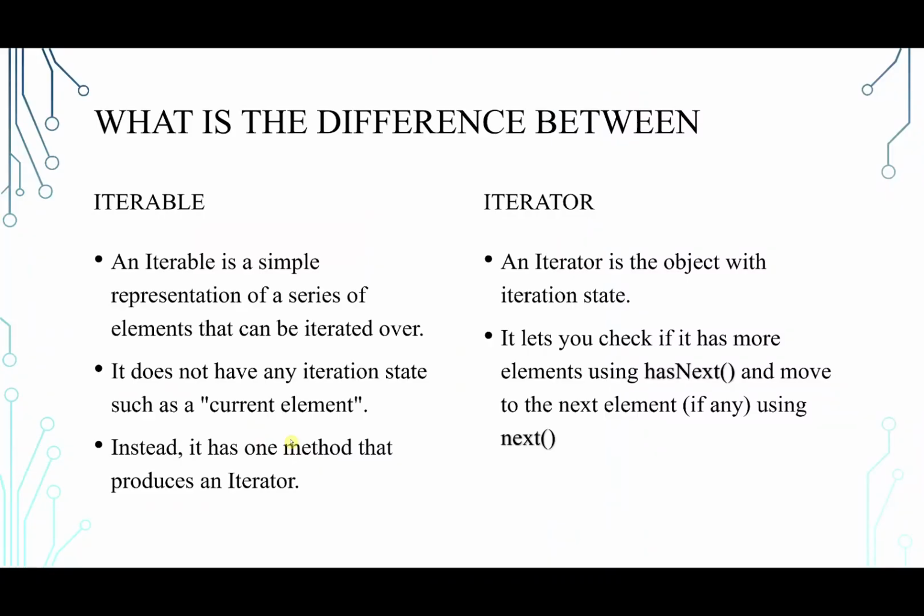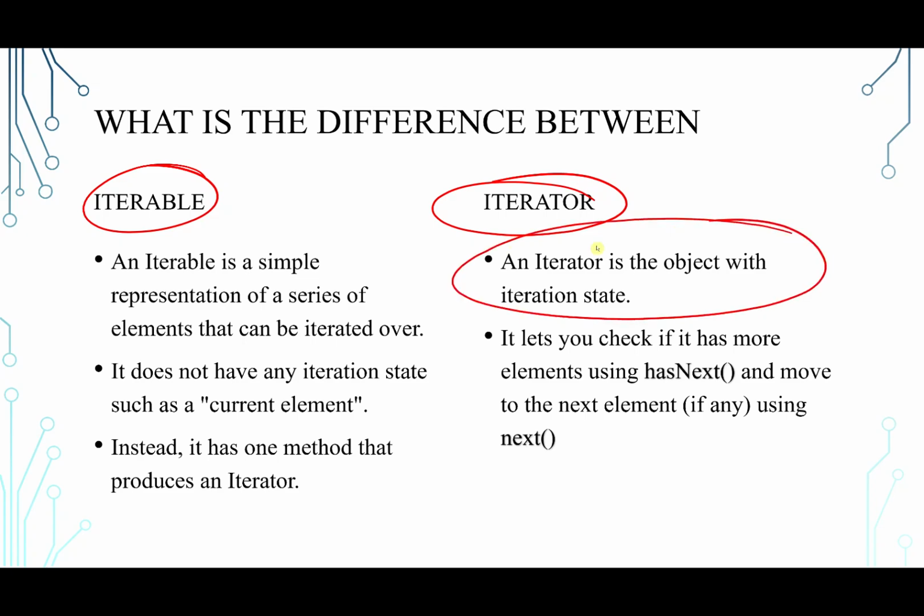So basically, what is the difference between Iterable and Iterator? An Iterable is a simple representation of a series of elements that can be iterated over. An Iterator is the object with the iteration state. The Iterable does not have any iteration state, such as current element, but this one is the object with the iterator state.